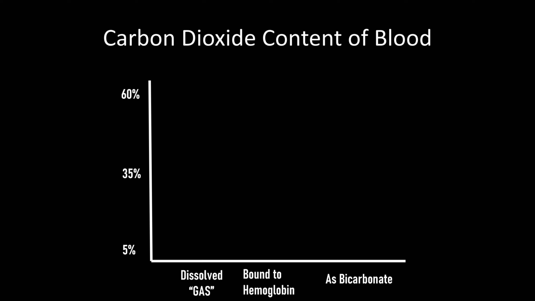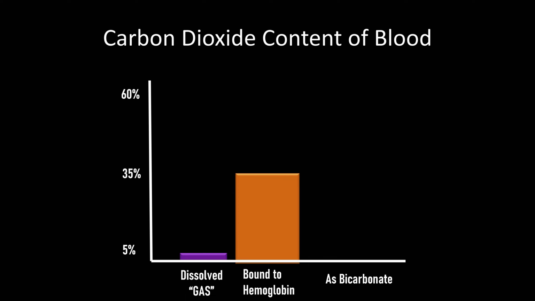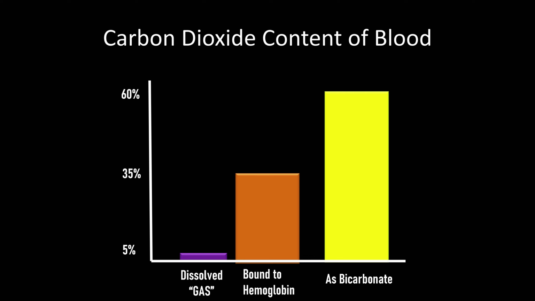If you look at the quantity of carbon dioxide in the blood at any given time, only a small proportion is dissolved as gas. About a third is bound to hemoglobin, that's carbaminohemoglobin, and 2/3 exists as bicarbonate. It is imperative that you understand that plasma bicarbonate rises in direct proportion to CO2.